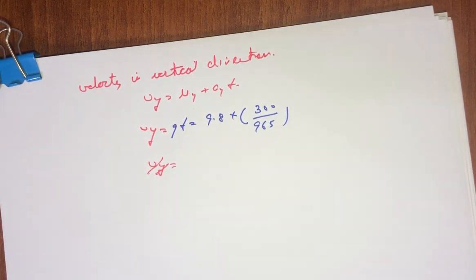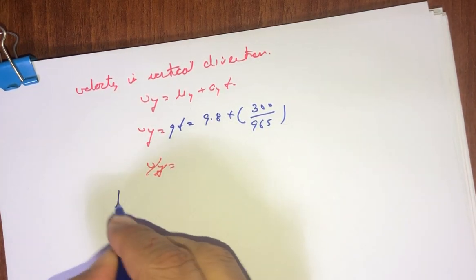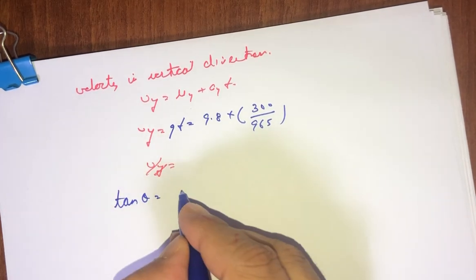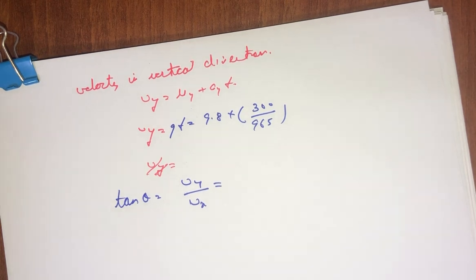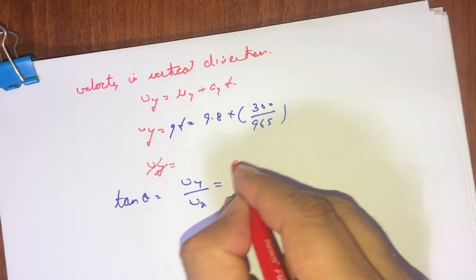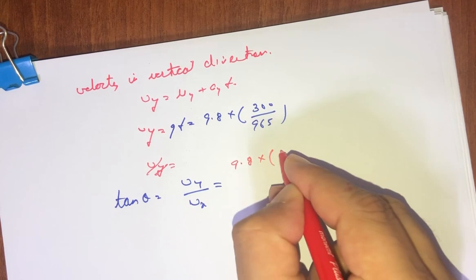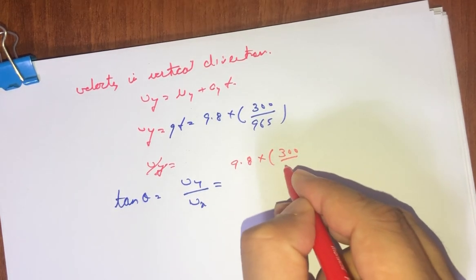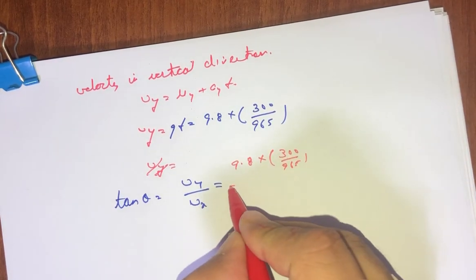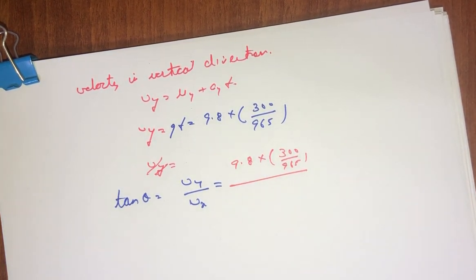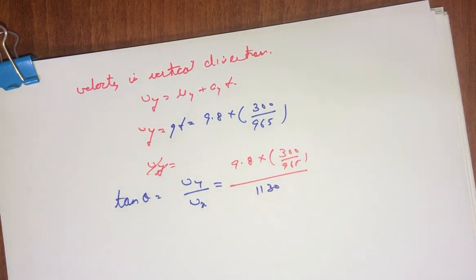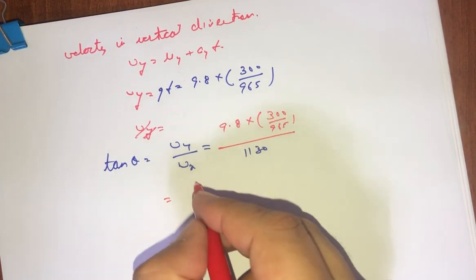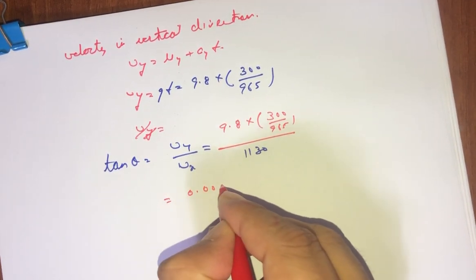Now we have to find out the angle, and we know that the tangent of theta, that is the tangent of the angle, is vertical divided by the horizontal. So Vy is 9.8 into 300 divided by 965, divided by Vx. Vx was 1130. So this will be coming as equal to 0.0027.